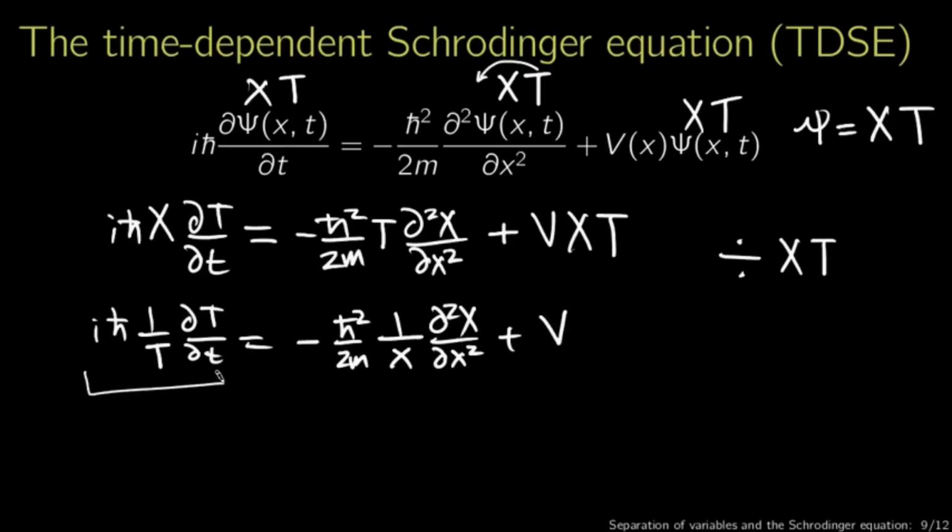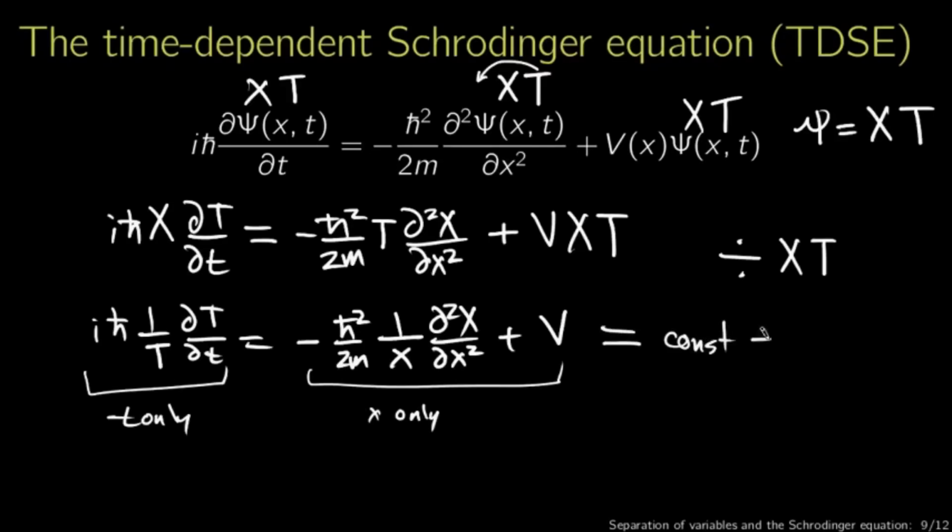Now, as before, this is a function of time only, and this is a function of space only, which means both of these functions have to be constant. And in this case, the constant we're going to use is E. And you'll see why once we get into talking about the energy in the context of the wave function. So we have our two equations.